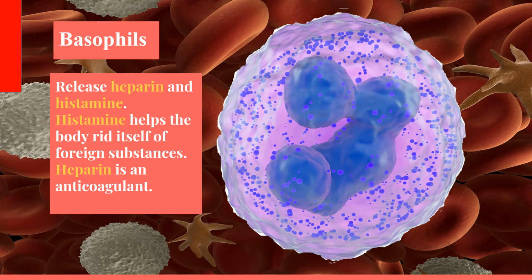Basophils decrease in number in response to a significant allergic reaction. Histamine helps the body rid itself of foreign substances like allergens. It is an important substance in the immune system and allergy reactions. Heparin is an anticoagulant, a blood thinner.